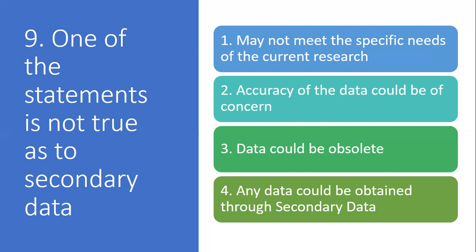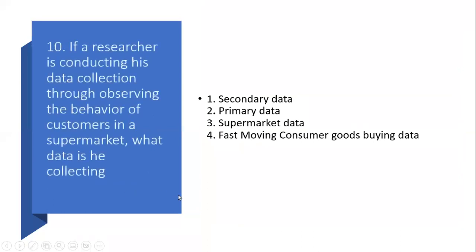Since things have changed, this data may not be the best data to be used. So they are not the updated data. Any data could be obtained through secondary data, which is wrong. You cannot get all the data from secondary data. So therefore, number 4 is the correct answer to this question.